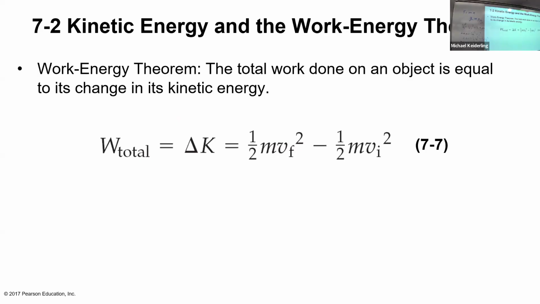Work is force times distance times the cosine of the angle. Total work is equal to delta K, which is 1/2 mv final squared minus 1/2 mv initial squared. K is equal to 1/2 mv squared.